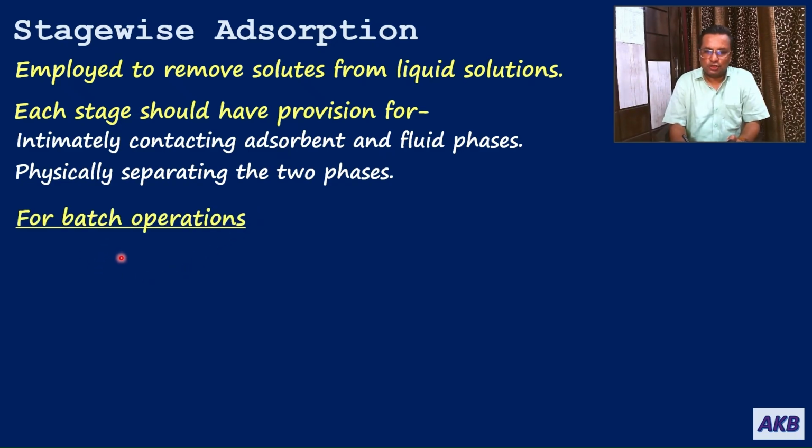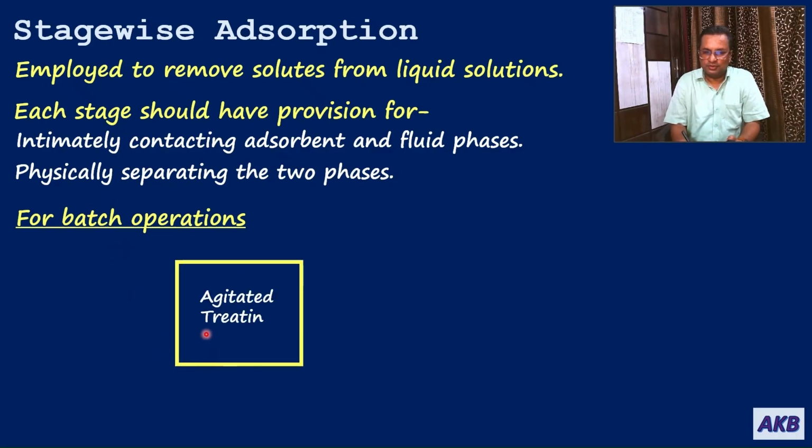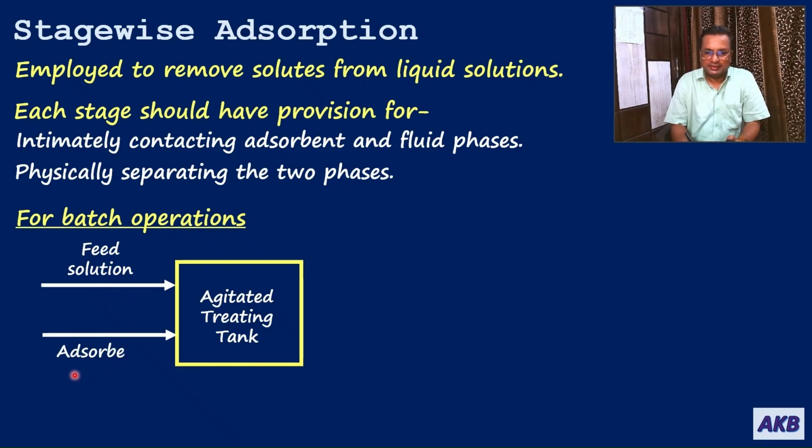For batch operation, a typical stage would be formed in this way. There would be an agitated treating tank, and to this tank the feed solution and the adsorbent are added. They are intimately contacted with each other in this tank and remain in contact for a sufficiently long time.